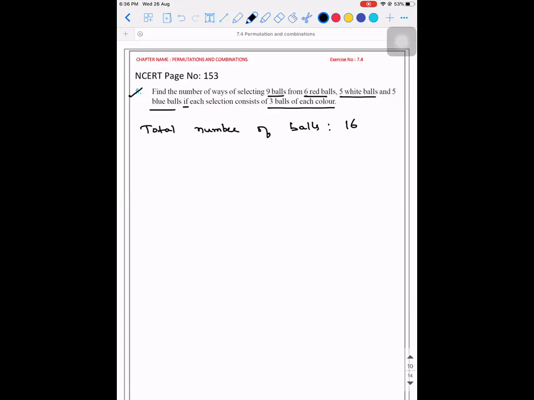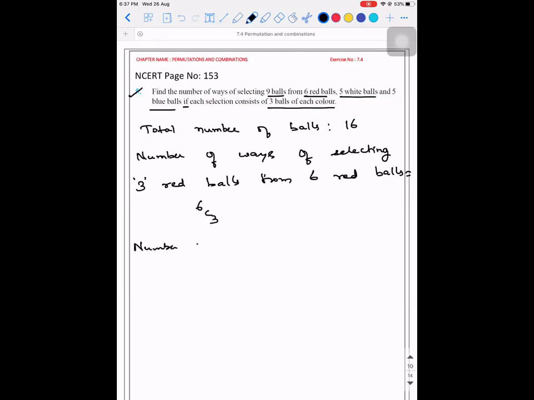Yes. So how are we supposed to do it? The number of ways of selecting 3 red balls from 6 red balls is, what is the answer? 6C3. Very good. So similarly, the number of ways of selecting 3 white balls from 5 white balls is 5C3.